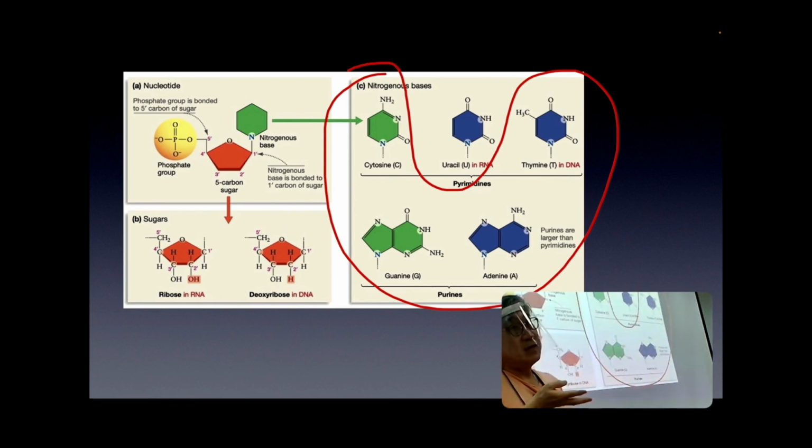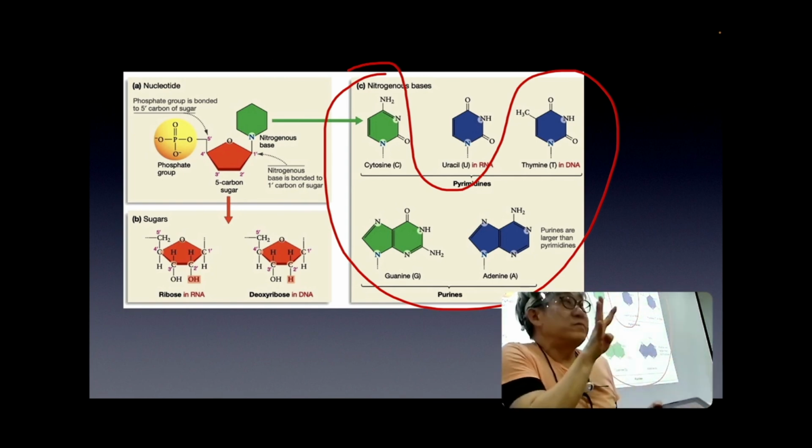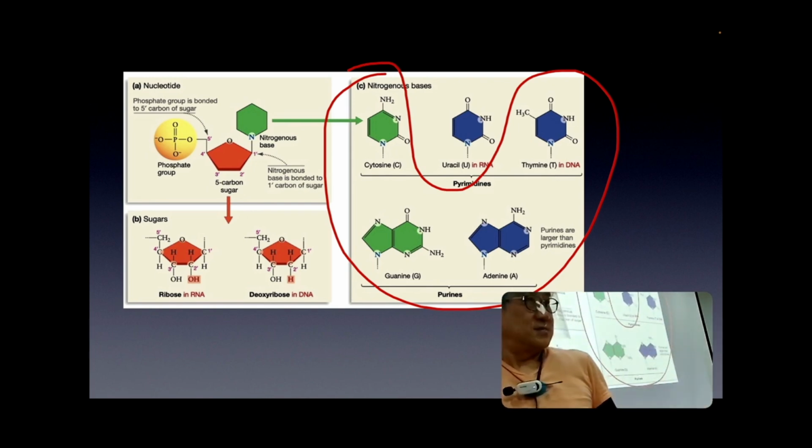So in our case, we have only 4 letters, unlike 26 in English. But with only these 4 letters, we are doing fine. With different combinations of these 4 letters, we are making some sense.